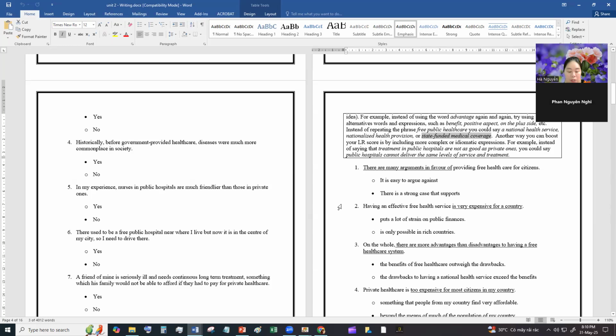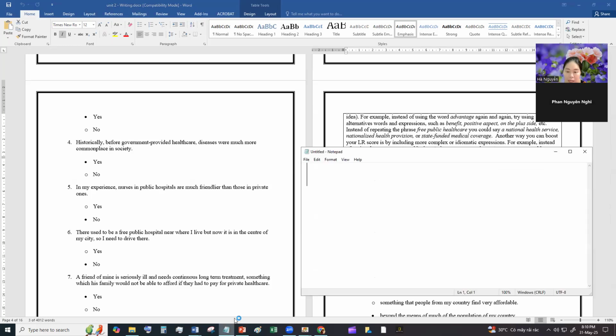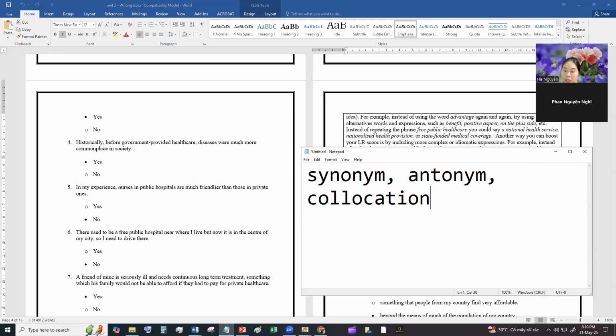You think about the collocation, right? So synonym, maybe antonym as well. Okay, so synonyms are words that have a similar meaning, and antonyms are words that have opposite meaning. Okay, so you think about that and you write that down. And collocation as well. Collocations are words that go together.